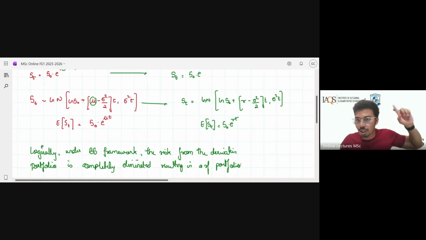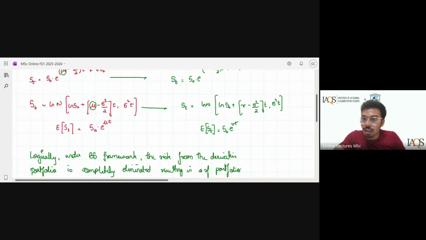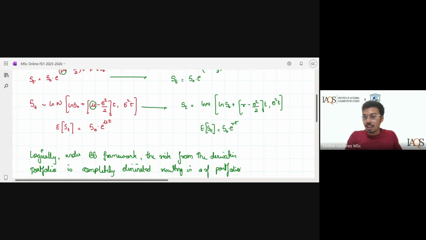Our partial differential equation approach was trying to eliminate the risk completely from our derivative portfolio in the Black-Scholes framework. Therefore, if the risk is completely eliminated, the portfolio has to grow at the risk-free rate of return. So all these equations make sense, wherein my mu has transitioned to r, because my risk has been eliminated, so it has to grow at the risk-free rate.